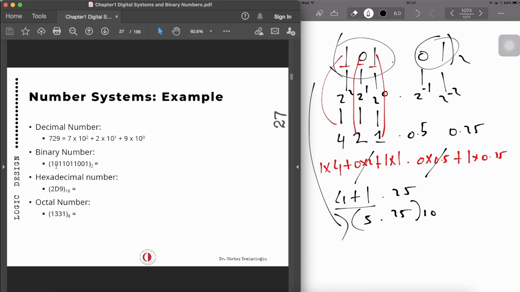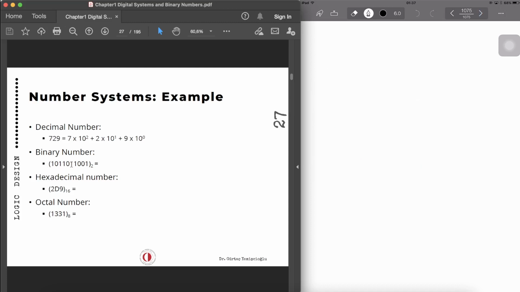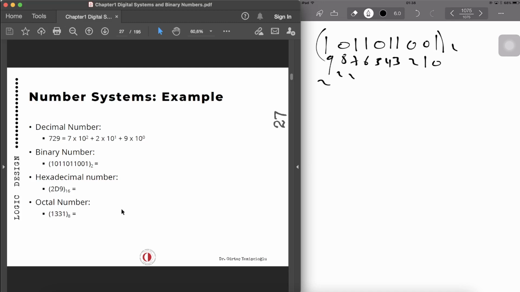Now, the binary number of that, if you want, we can try it. It's going to be a huge one. So 1, 1, 0, 1, 1, 0, 0, 1, 0, 1, with positions 0, 1, 2, 3, 4, 5, 6, 7, 8, and 9. And these are all powers of 2, so they're all powers of 2.